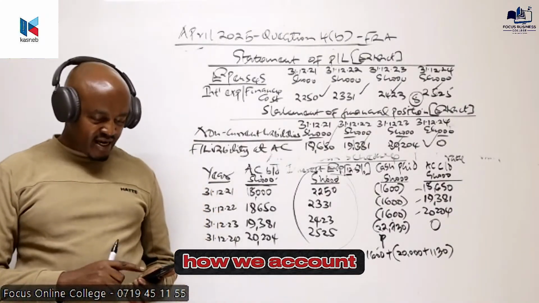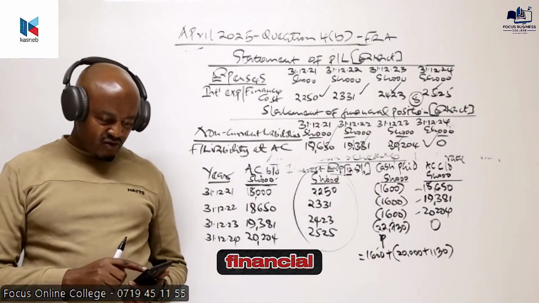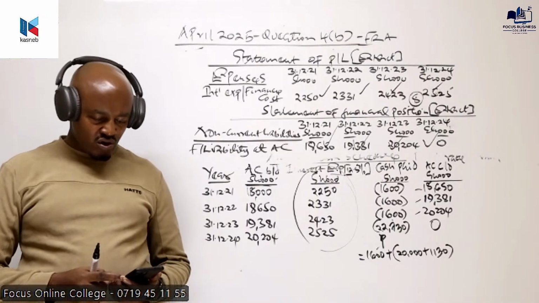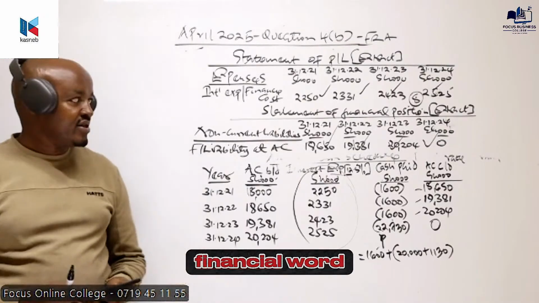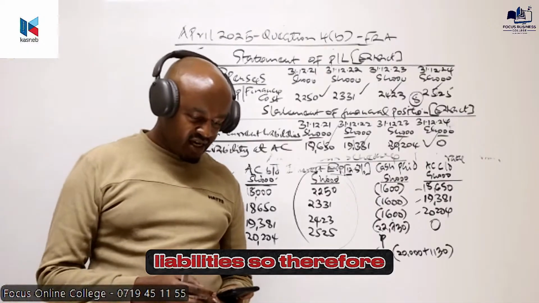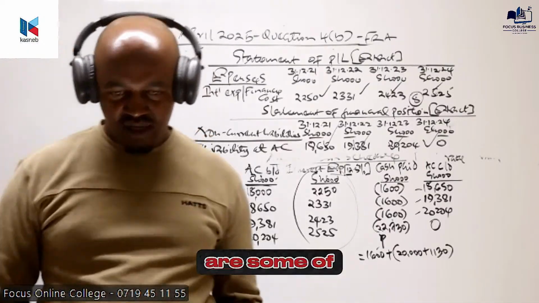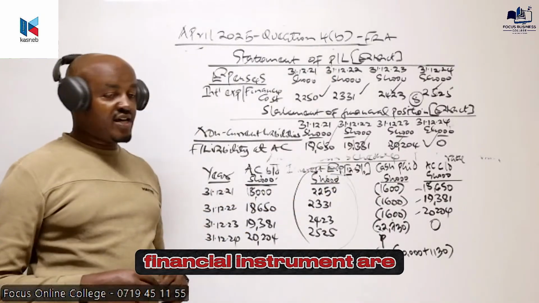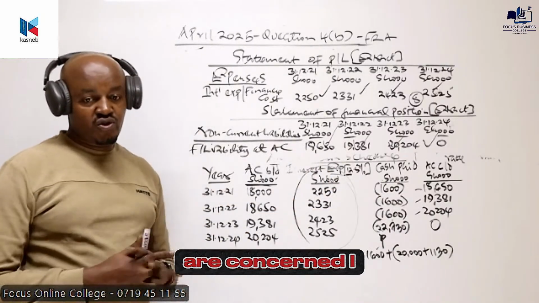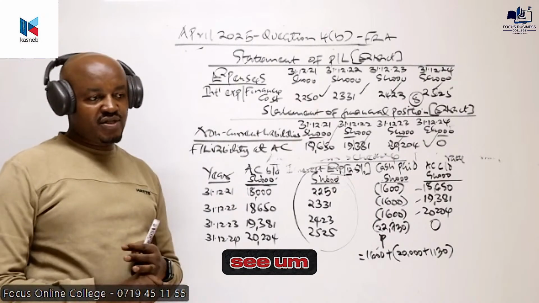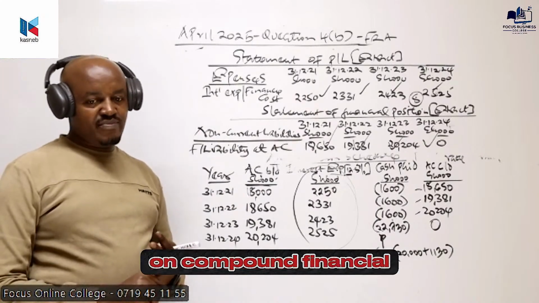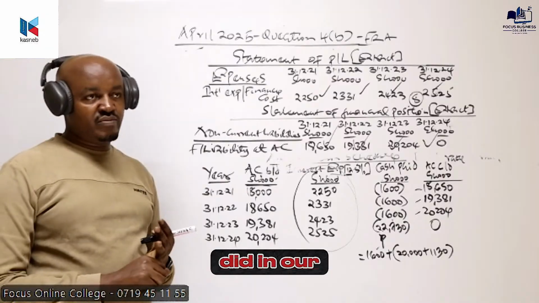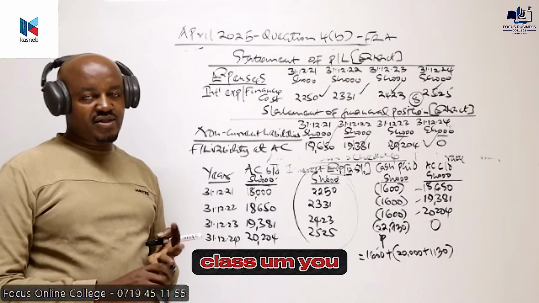So that's basically how we account for these financial liabilities. Therefore, these are some of the questions we are likely to come across as far as that topic of financial instruments is concerned. I hope you can see there was a question coming from this topic on compound financial instruments, a question we did in our previous class.